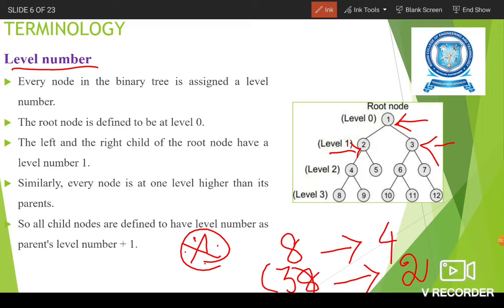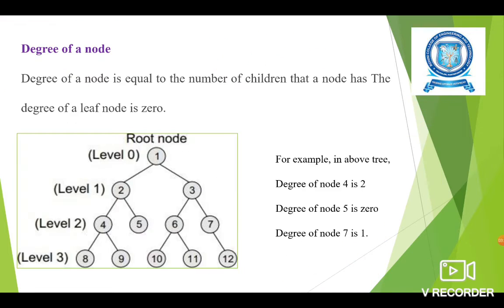Okay. So that is, the child nodes are defined to have level number as parent level number plus 1. Since the level number of 4 is 2, its child 8 is having the level number 2 plus 1, that is 3. Okay.